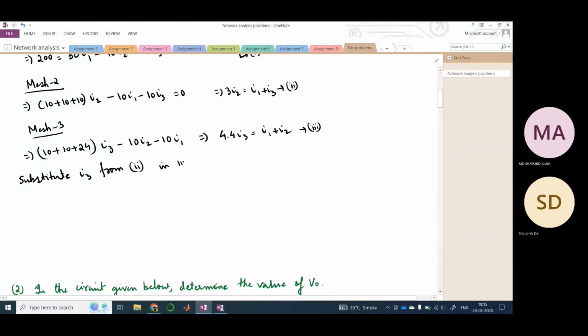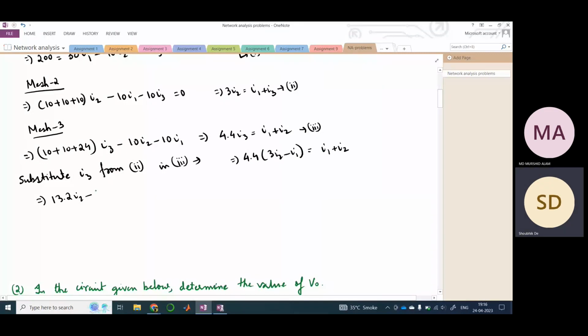Okay, so as a result, I3 in equation 2 would be I3 equals 3 I2 minus I1. So we will just need to put it over here: 3 I2 minus I1 equal to I1 plus I2, right? So this would be 13.2 I2 minus 4.4 I1 is equal to I1 plus I2, right?